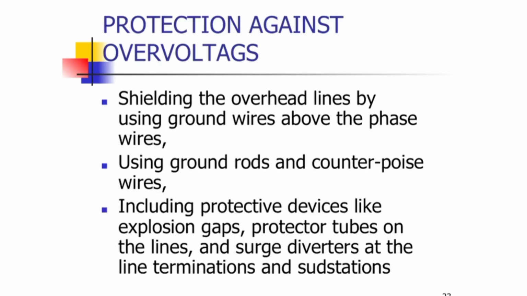First, we want to use proper shielding of overhead lines, using a ground wire, and we will use ground rods and counterpoise wires, including protecting devices like explosive gaps, protector tubes and surge dividers in substations and line terminals. These come under the protection against overvoltages.